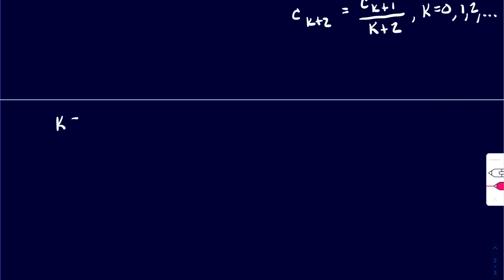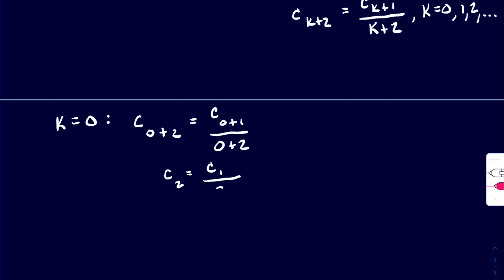For k equal to 0, we'd have c sub 0 plus 2 is equal to c sub 0 plus 1 over 0 plus 2. That's going to give us c2 is equal to c1 over 2.